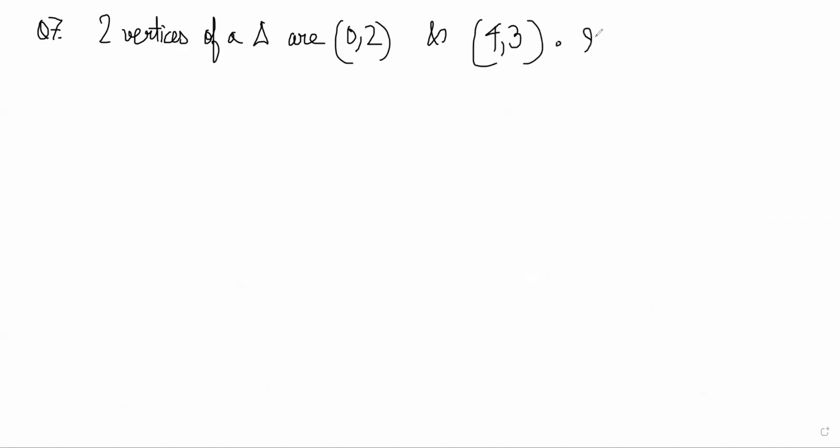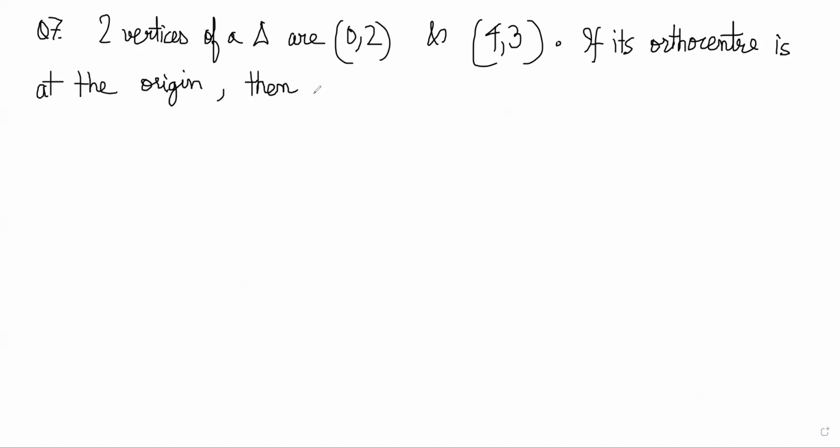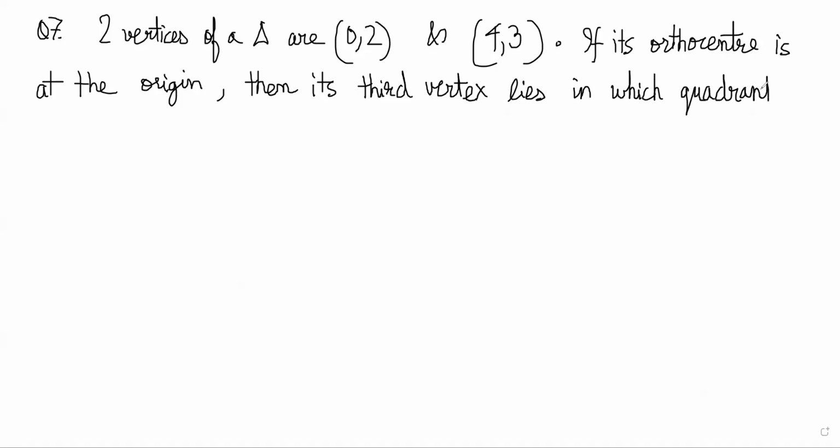If its orthocenter is at the origin, then its third vertex lies in which quadrant? Okay. So basically two vertices of a triangle are given and orthocenter is also given and we have to figure out where the third vertex is, right? That is the question.